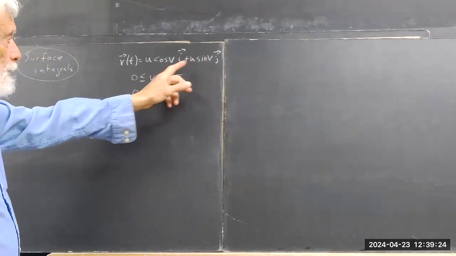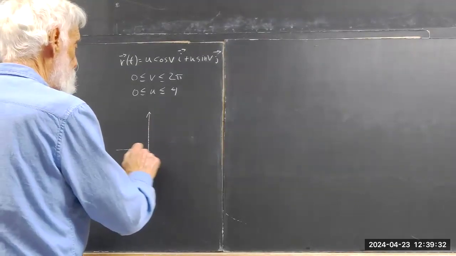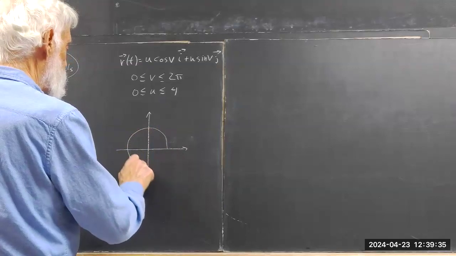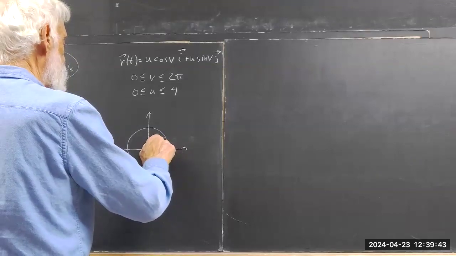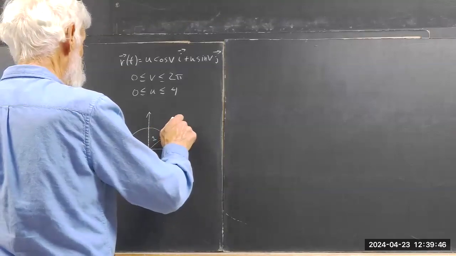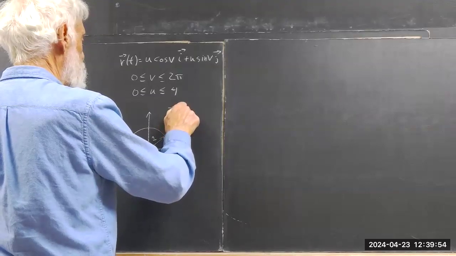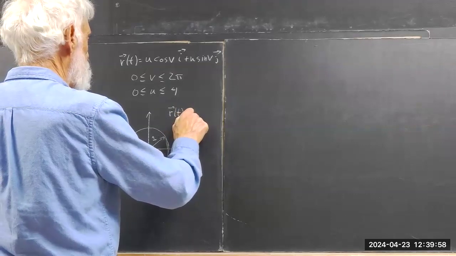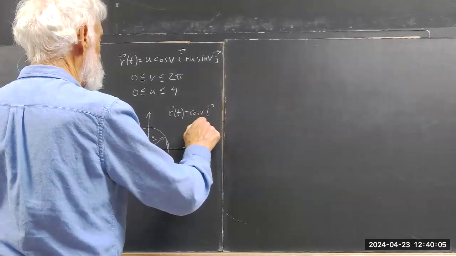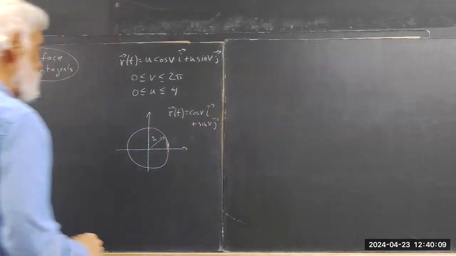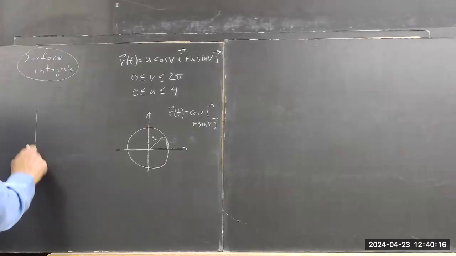Well, this is in the XY plane because you've got an I component and a J component, right? And we know and should understand deeply that a circle of radius 1 is parameterized by this, and this just goes back to the circular definition of the sine and the cosine function.